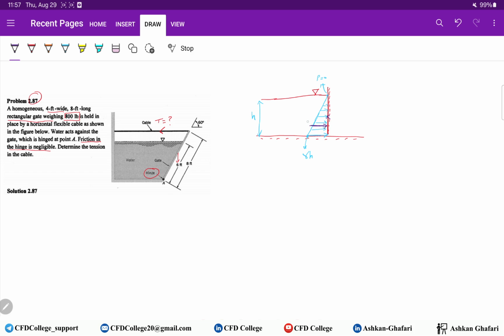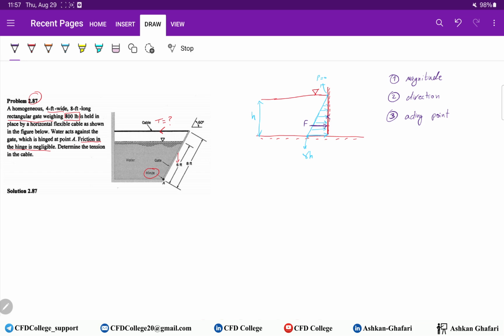This force has three characteristics: one is magnitude, two is direction, and three is acting point. You should determine all these three characteristics.